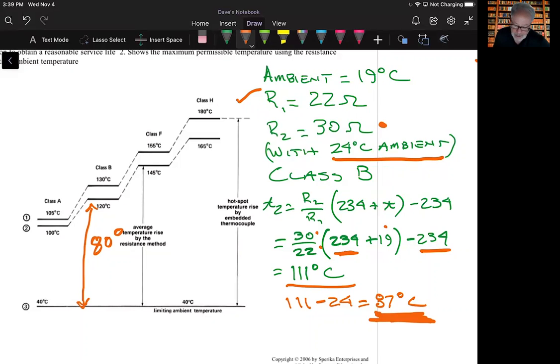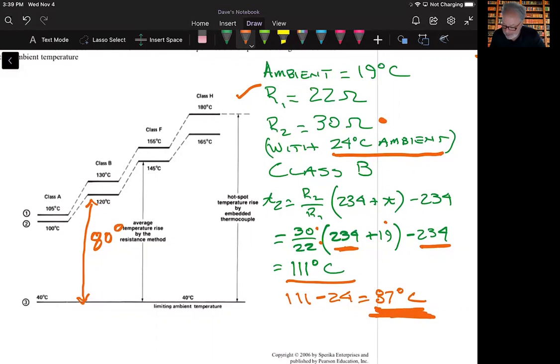It also says, as a follow-up, it may be rewound using Class F insulation. And as a very last resort, size may just have to be increased overall, because we're talking about an average. So those are the options that a manufacturer would have.